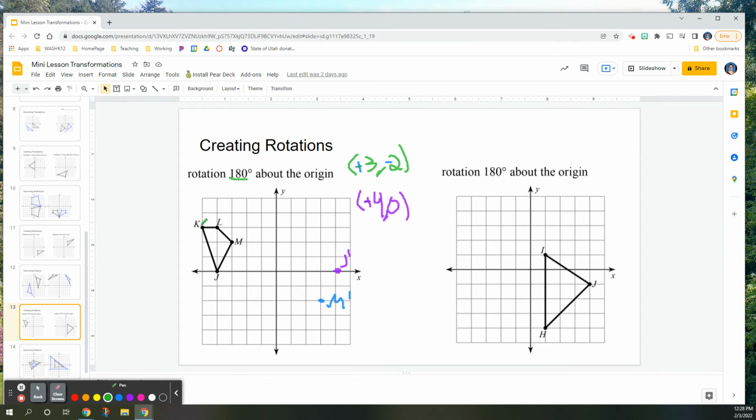Okay. Next, I've got L, which is -4, 3. So I'm going to change that over to +4, -3. So +4, -1, 2, 3. That's L prime. And then finally K is -5, +3.